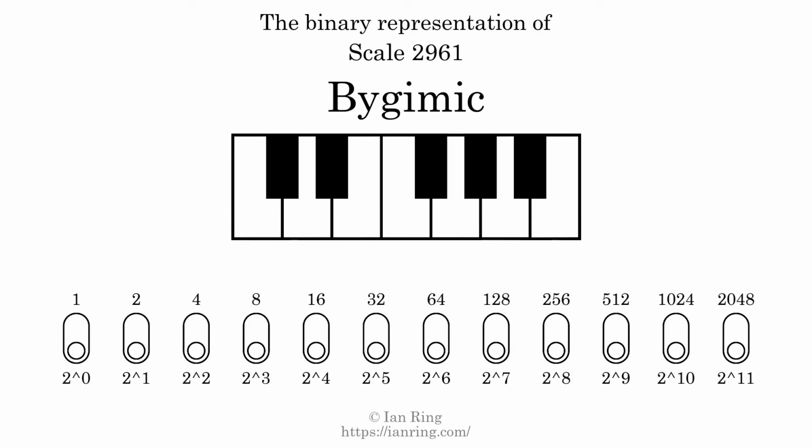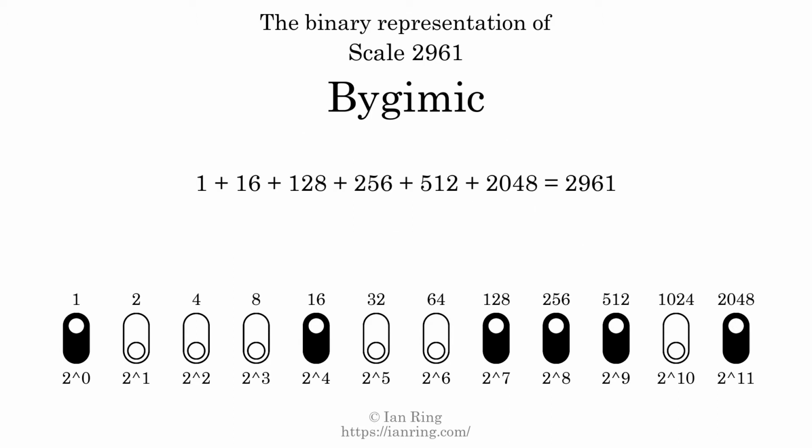The binary representation of this scale is determined by mapping tones of the scale to binary digits. Each binary digit represents a power of 2. To get the scale number, we add the powers of 2 together. The powers of 2 that are present in the scale, all added together, equals 2961.